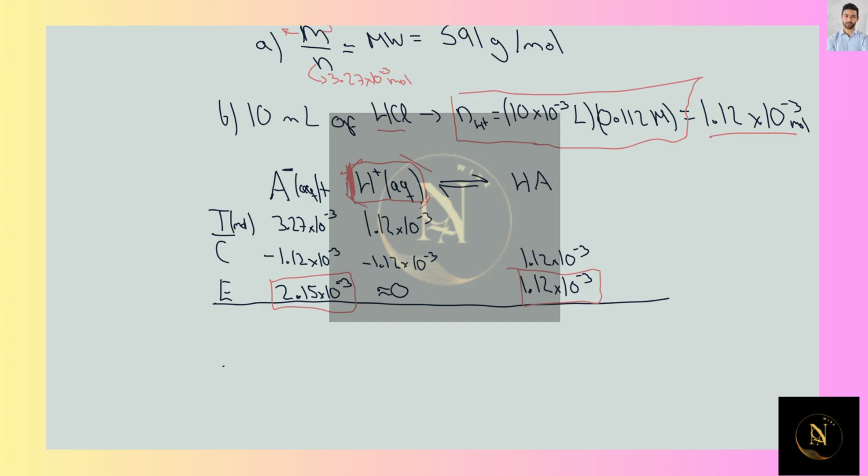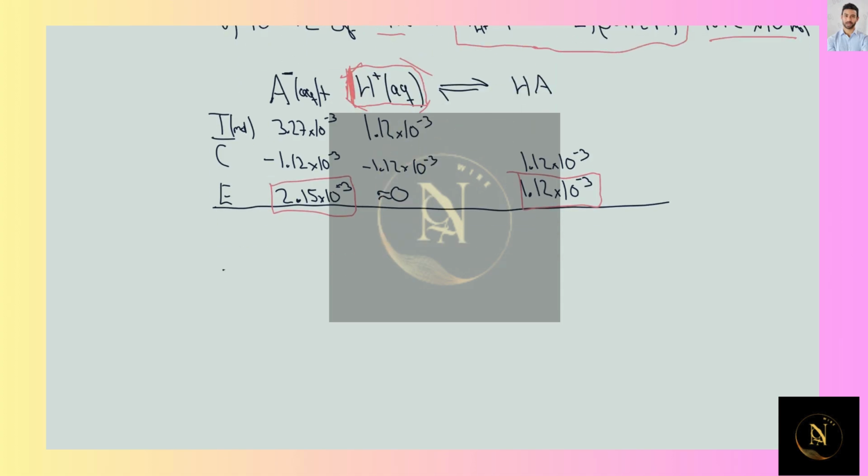Thus, all of the H plus that we added is going to react in order to give us the final concentrations of HA and of A minus. Sorry, the final amount of mole. So now, with this final amount of mole, we can calculate the concentration of A minus, which is going to be 2.15 times 10 to the minus 3 divided by the total volume that we had.